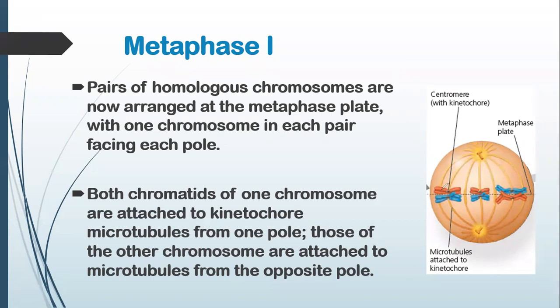In metaphase of meiosis one, these bivalents, these homologous chromosomes, arrange themselves on the metaphase plate in a way that if this spindle fiber pulls towards this side, and this one also pulls towards this side, then the two homologous chromosomes will separate and each chromosome goes to the opposite pole.